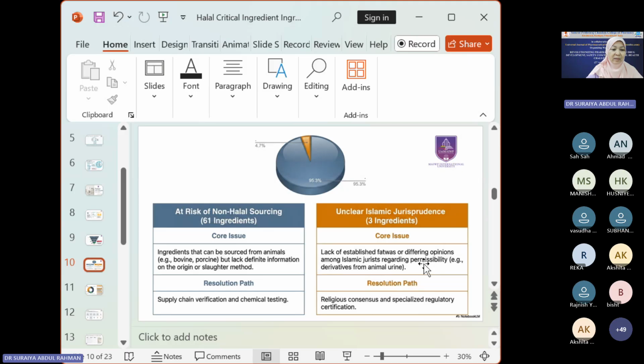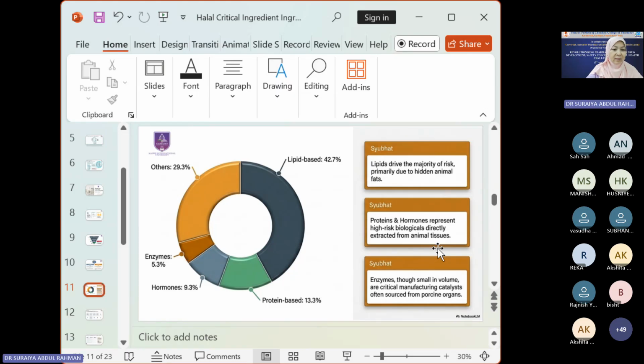To resolve the issue of unclear source, we need to verify the supply chain of the raw materials, or we can also conduct chemical testing. For the issue of no decision or no fatwa on certain ingredients, a religious consensus must be formed among the Islamic scholars to give a decision on the status of the ingredient.